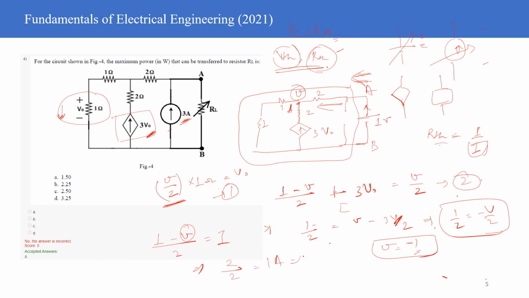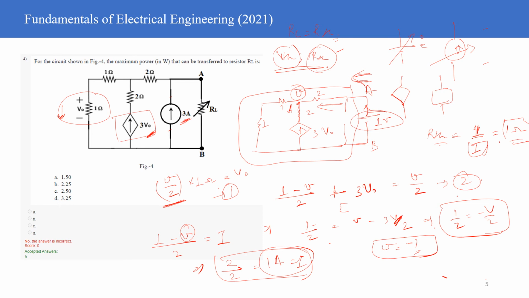Now, if the current is equal to 1 ampere, then R Thevenin will be equal to 1 volt divided by the current we have figured out. So R Thevenin will be equal to 1 ohm. So this is your Thevenin's equivalent resistance.